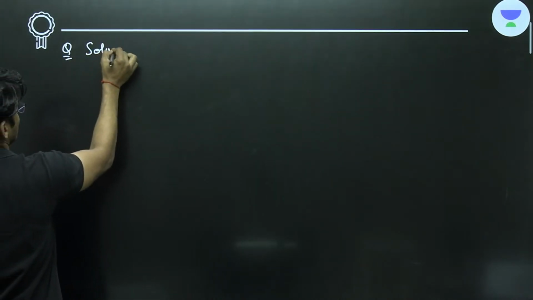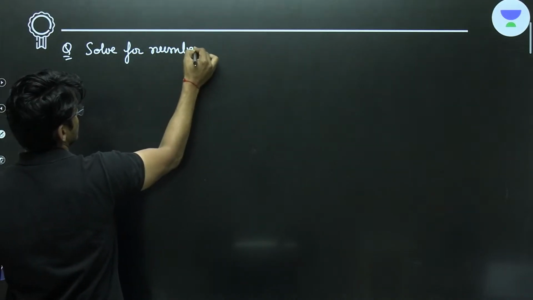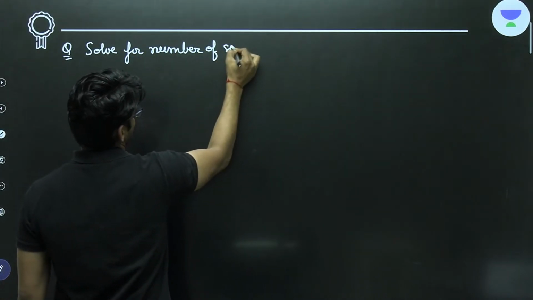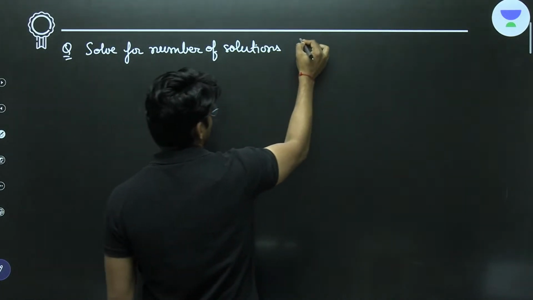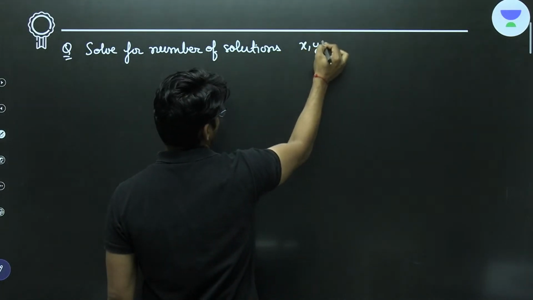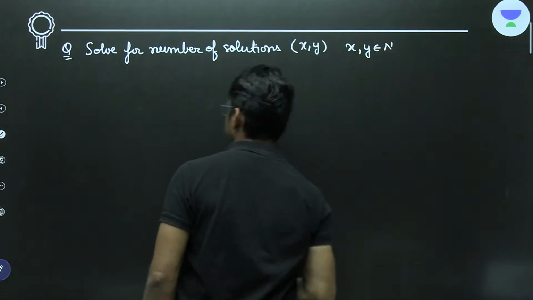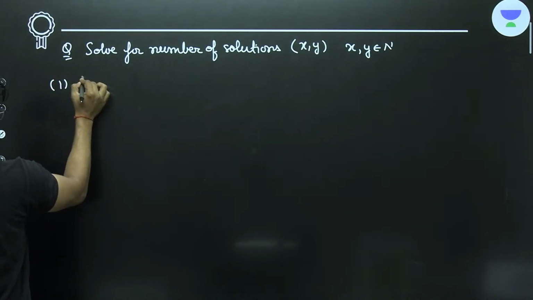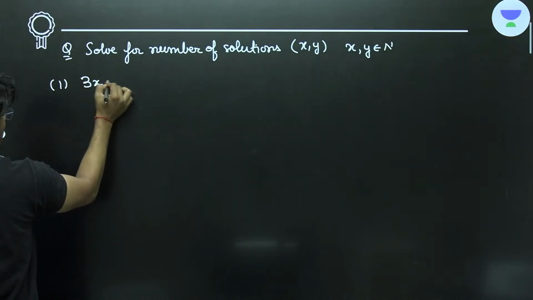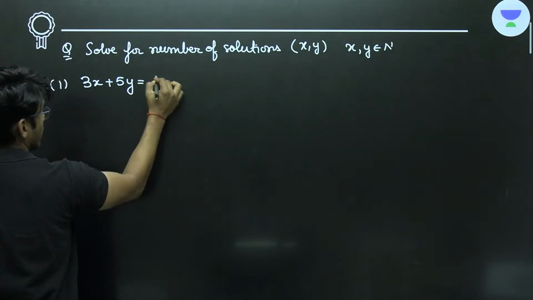Solve for number of solutions, x, y belongs to natural numbers. First, 3x plus 5y equals 135.